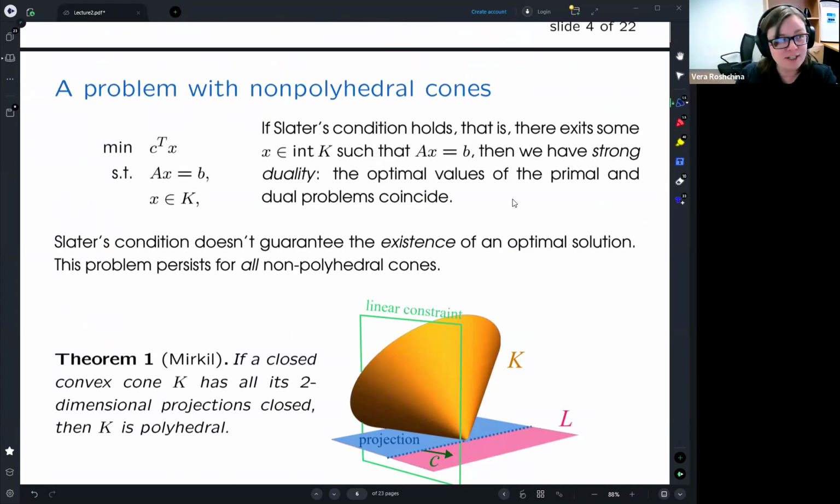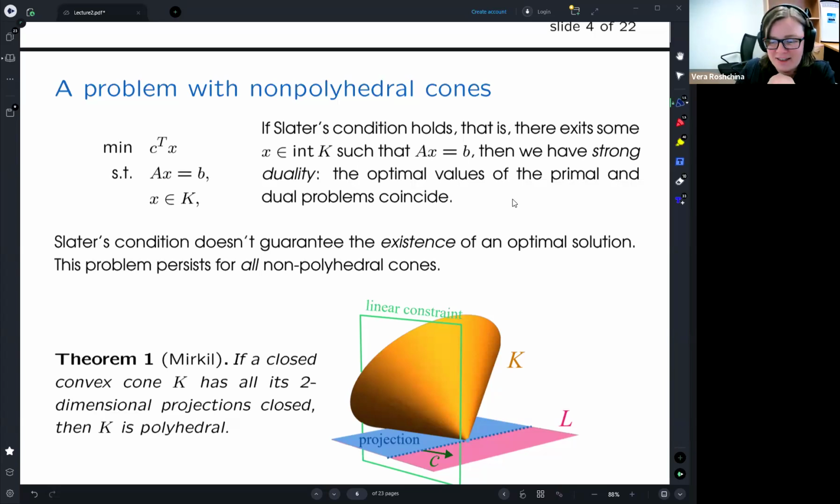So we always have equality in those two parts. However, what can happen is even when strong duality holds, so the values of the primal and dual problems coincide, we may have the case in which the optimal value is not attained at any point.